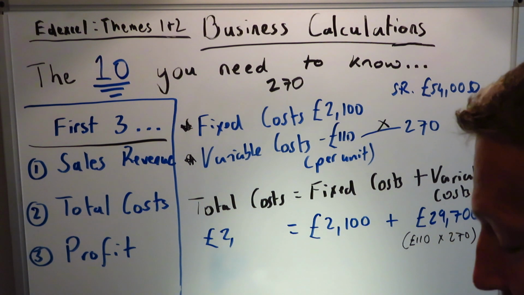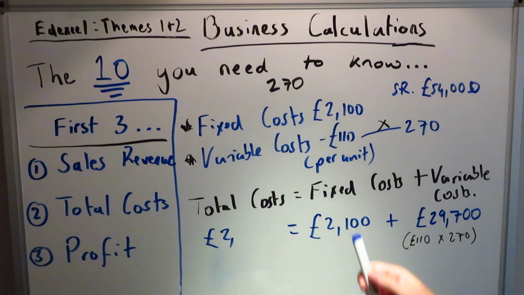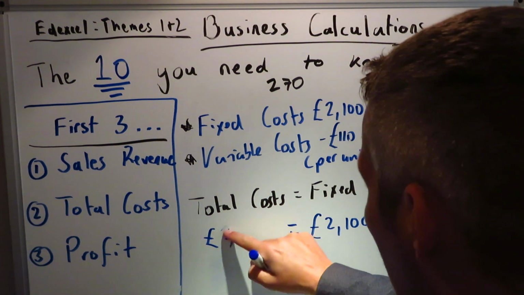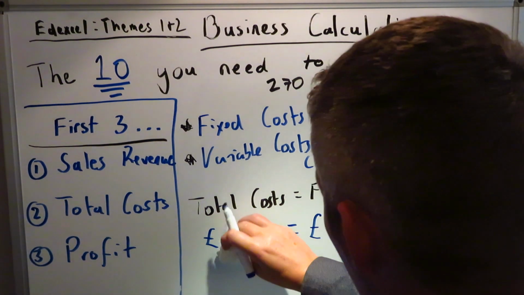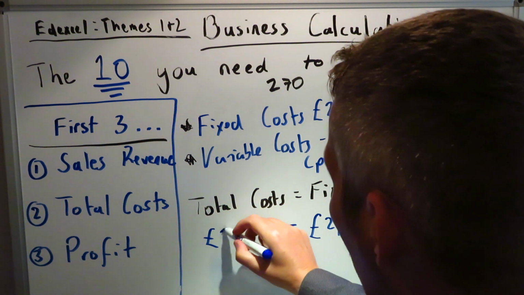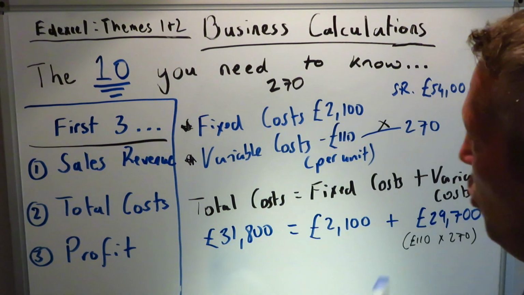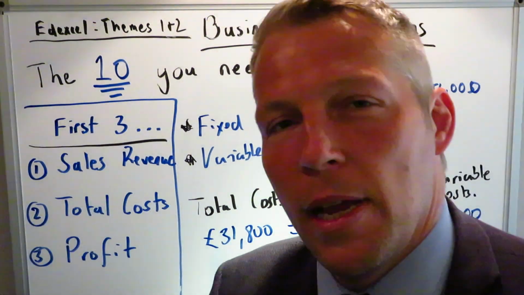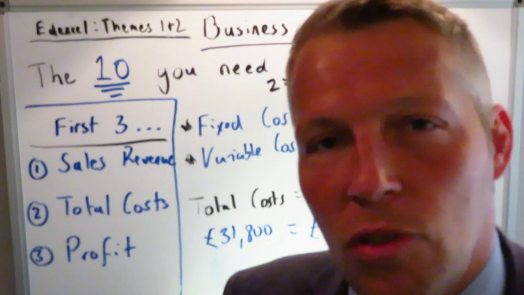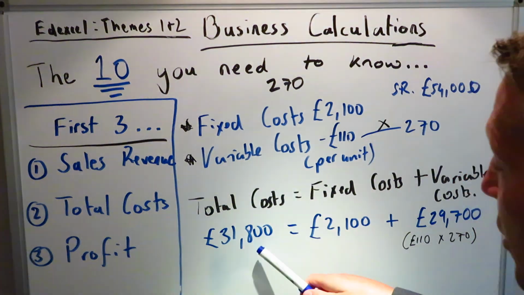So I'm now going to add those figures together. I don't need a calculator for this, thank God. So we've now got £31,800. So the total costs for me to make all those 270 tables and chairs was 31,800.